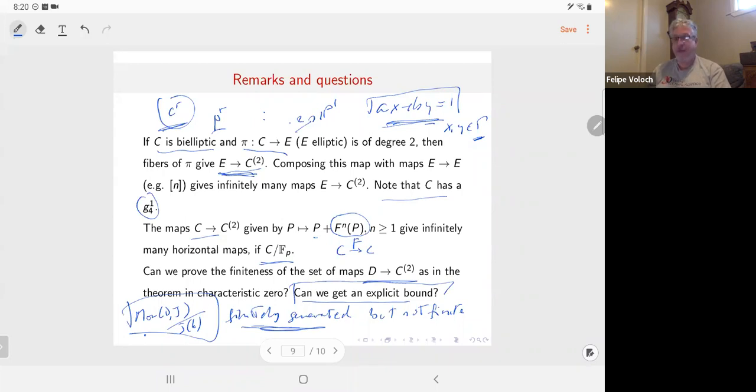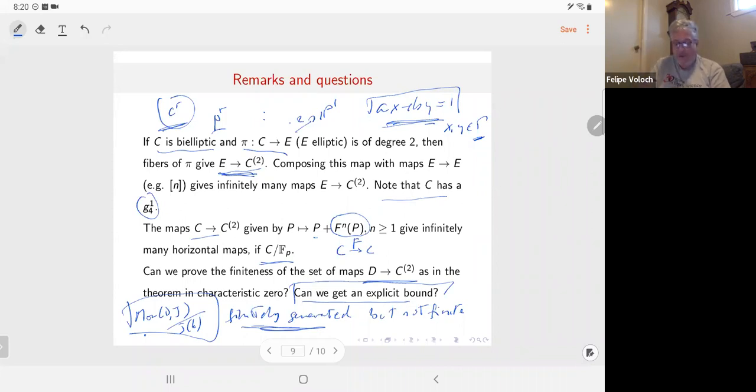And in characteristic p, can we do the same thing? Can we get a bound that doesn't have the p in it? So can we get a better bound for the number of maps? Well, they have to depend on r, but maybe we remove the dependency on p. I think this is an interesting question that at the moment I don't know how to do, but it would be good to do.